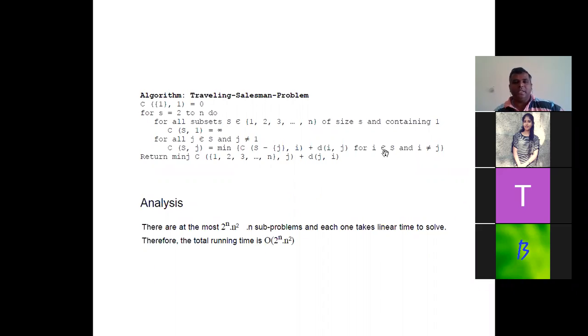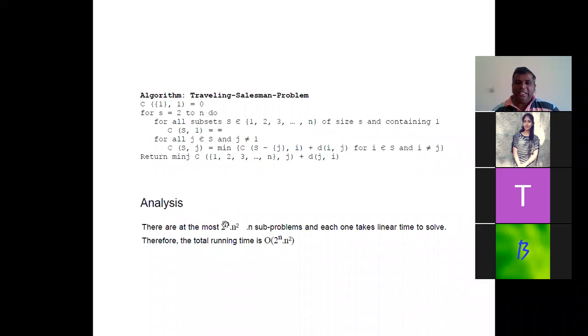Only one expression we are executing in 3 nested loops, but the number of calculations is more in this expression because the minimum you have to find out. So the time complexity of this algorithm: the total number of subproblems is 2 power n, because there are 4 nodes, the size of the set is 4, so 2 power n subproblems you can get.